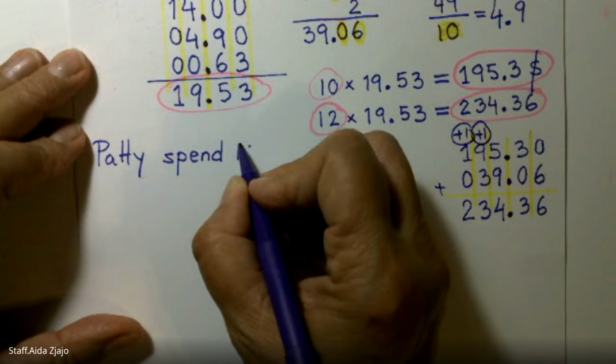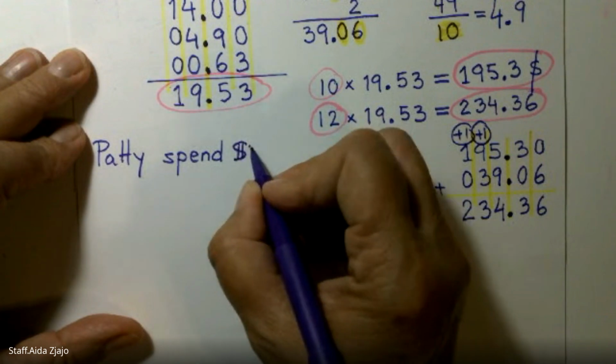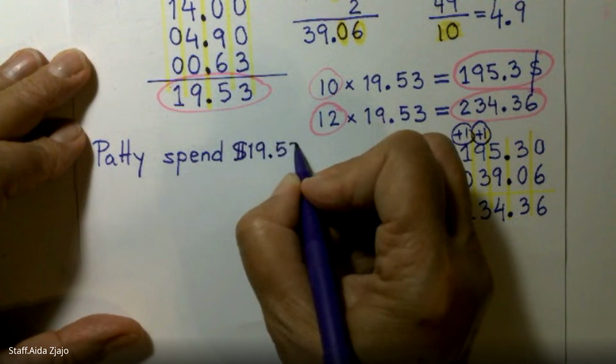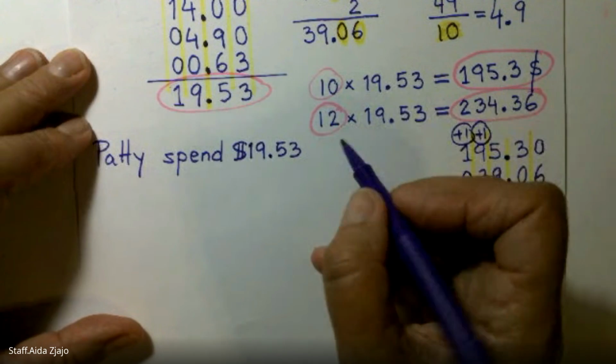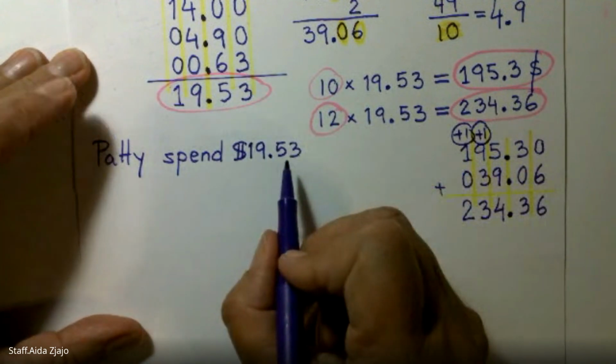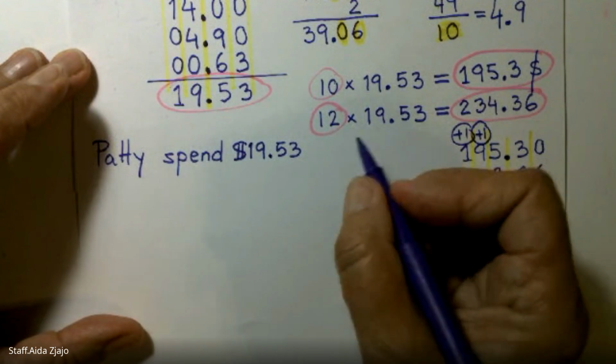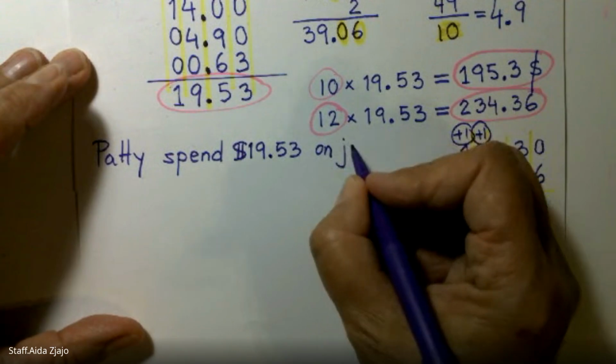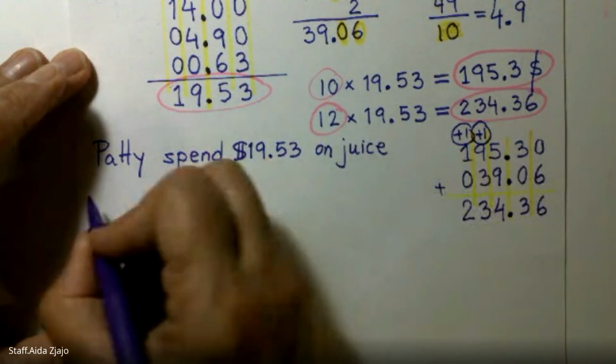Let's put the dollar sign first. $19.53. Spent $19.53 on juice each month.